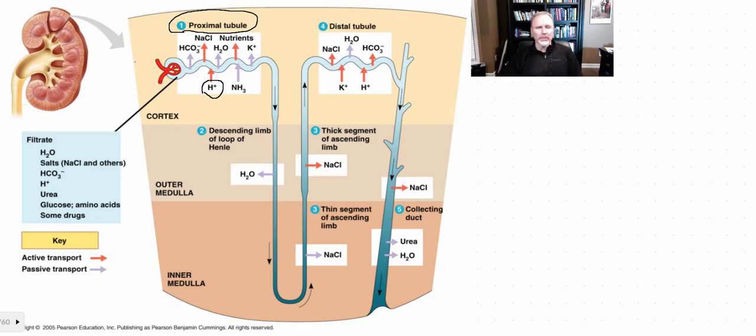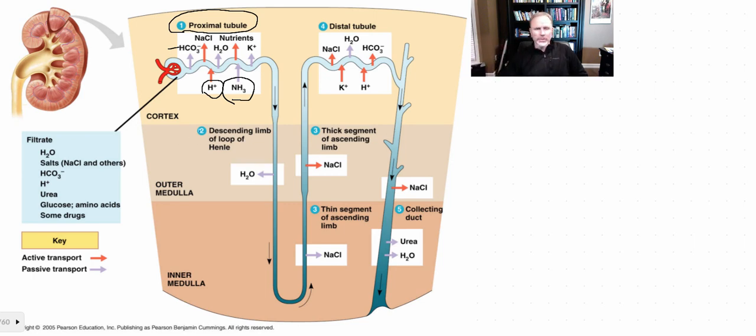You've got some bicarbonate that's getting out, water that's passive, potassium that's passive, and then you're going to add some nitrogen, ammonia, waste products, things like that, into the filtrate. So the proximal tubule is really involved in exchange of a lot of these nutrients and regulating the pH, as is the distal tubule.